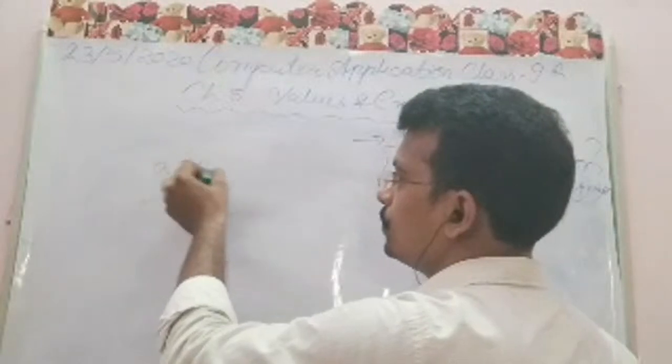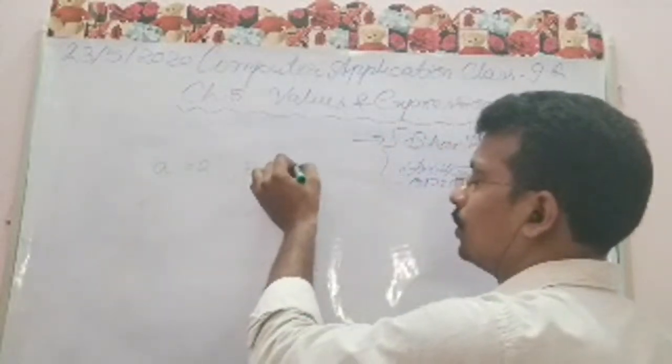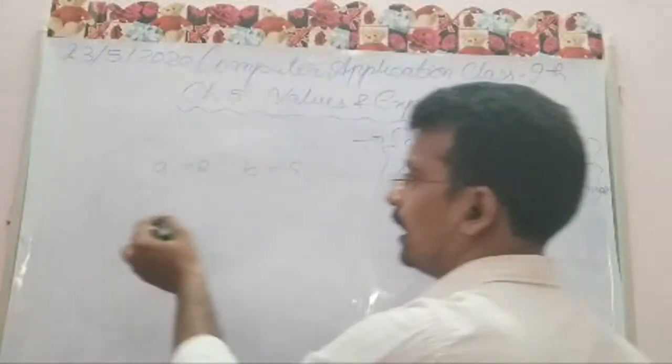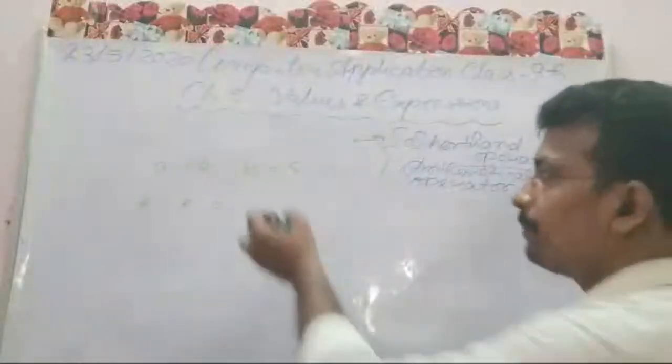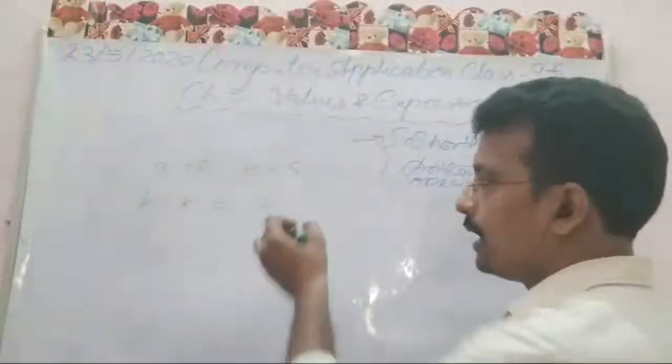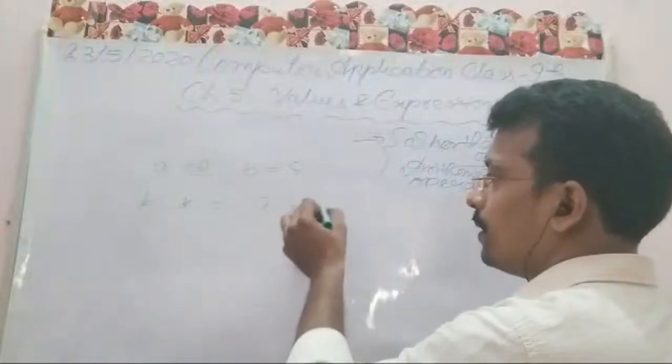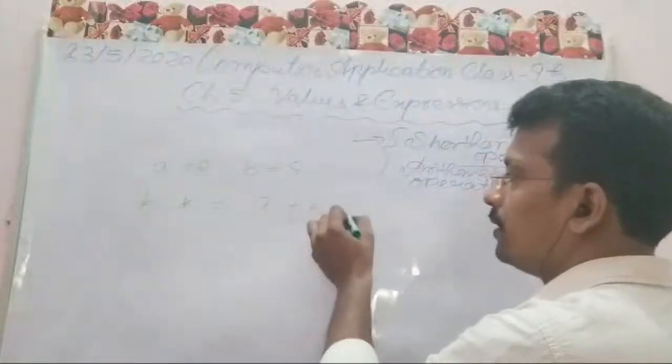One more example. Suppose it is written A equal to 2, B equal to 5, and it is given B into equal to A plus B mod 3. So how will you expand it?